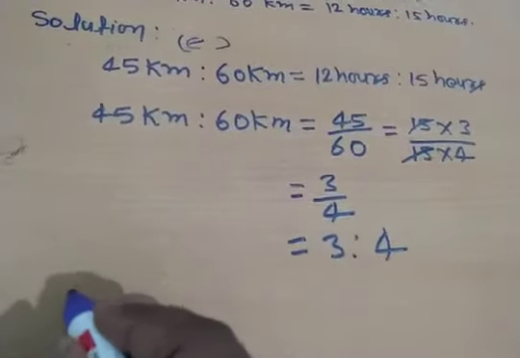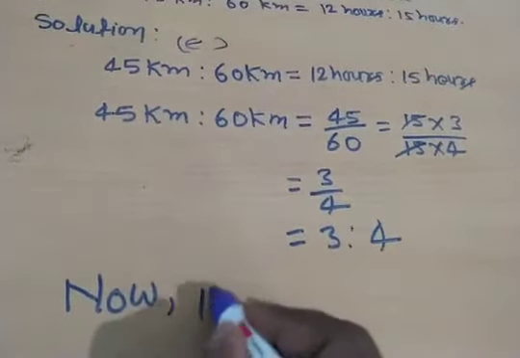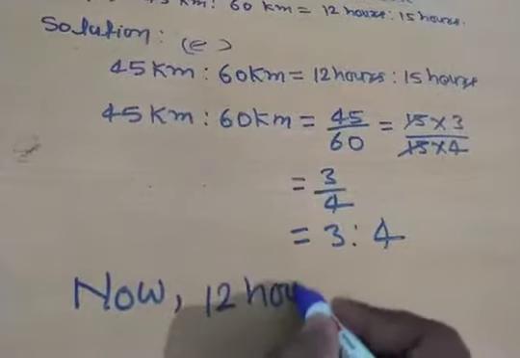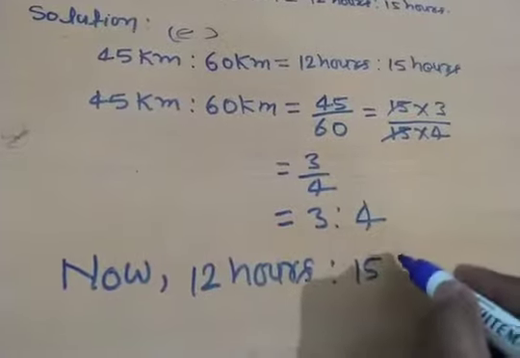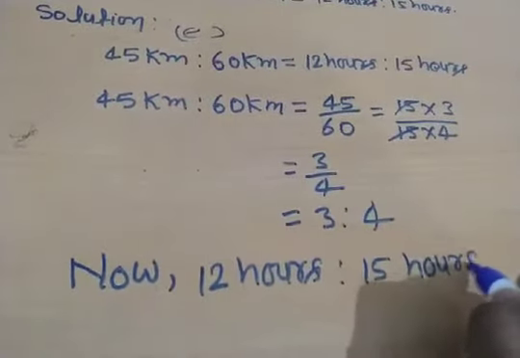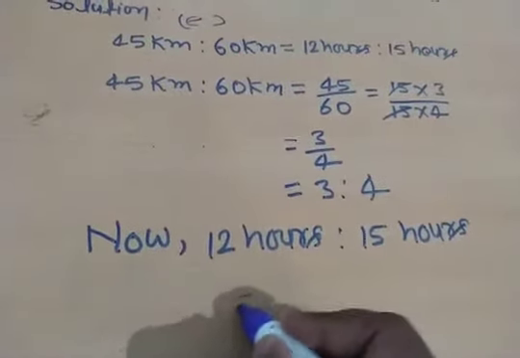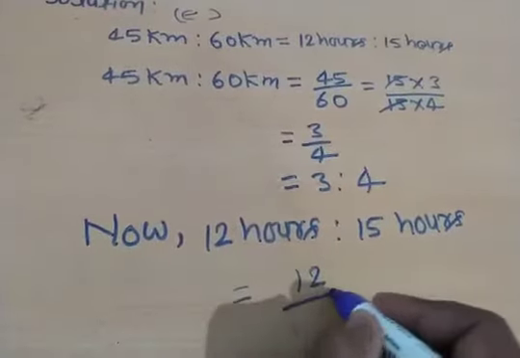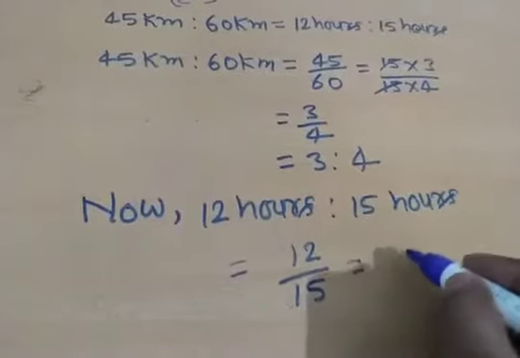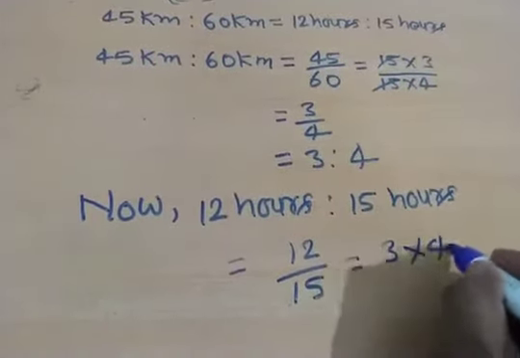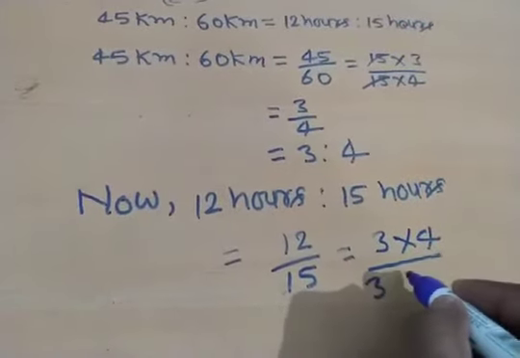Now the right hand side is 12 hours ratio 15 hours, and this is equal to 12 by 15. You can write it 3 into 4 is 12, and 3 into 5 is 15.